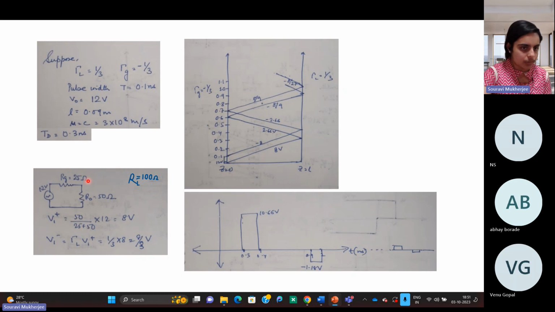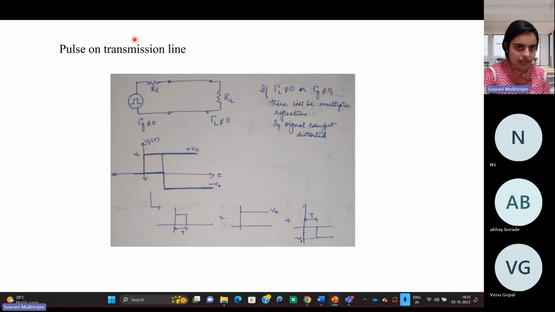If you do that, you find the forward voltage that you get along these points, and that is 8 volts. That means this is the voltage that comes up along the transmission line. This is the voltage between these two points.